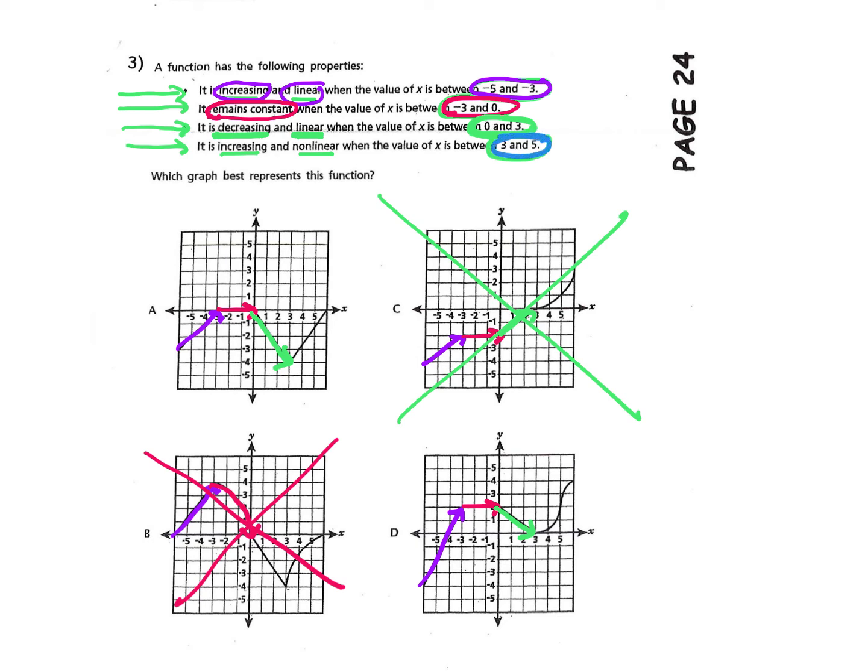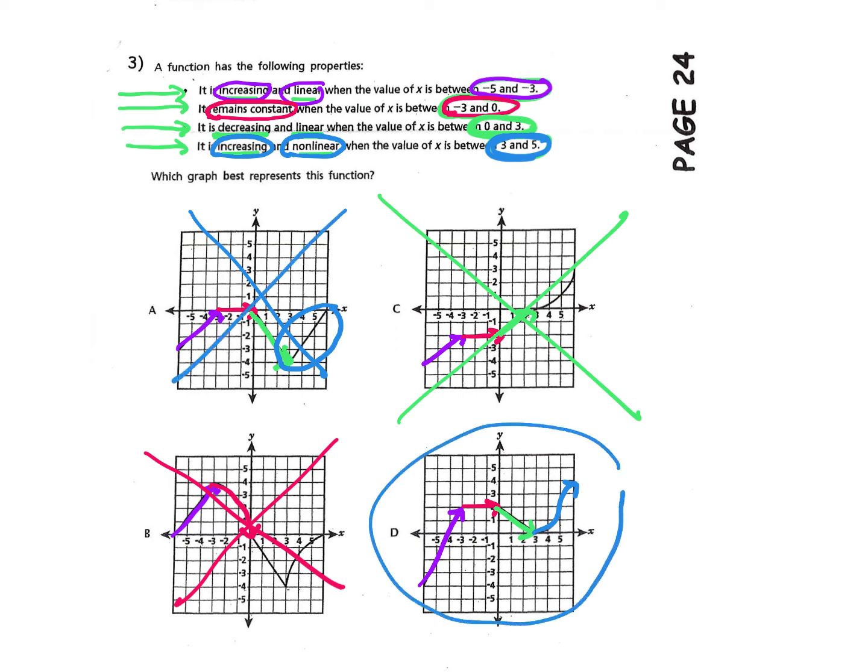From 3 to 5, we're looking for increasing or going up, but nonlinear, meaning some type of curve. Well, if you look at letter D, this is increasing and curved. If you look at letter A, this fails. It's increasing, but it's linear. So clearly, choice D is correct.